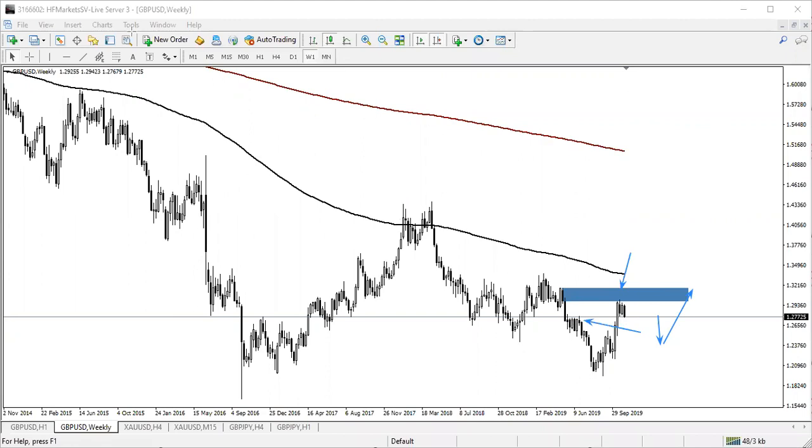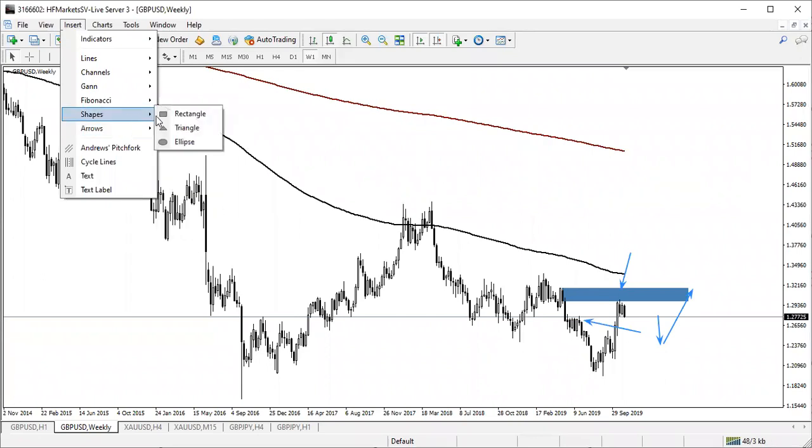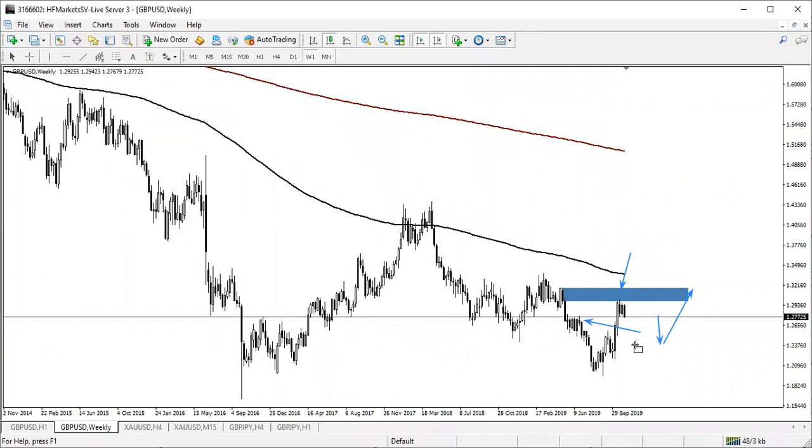So now let's spot our demand zone. Where is our expectation? Where are we expecting price to bounce off? So if you take a look at here, there is a zone there on the weekly.